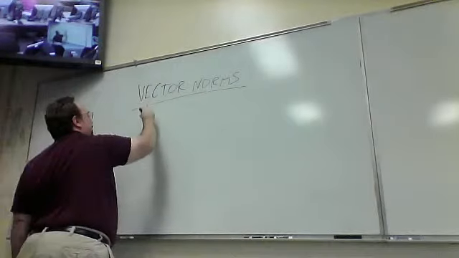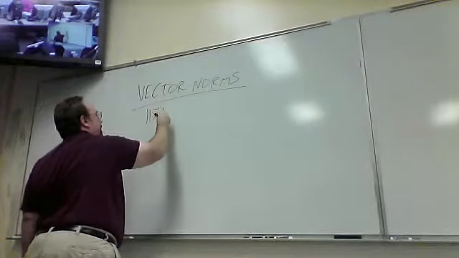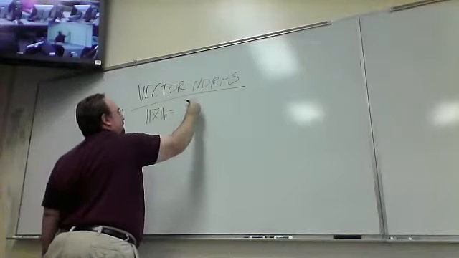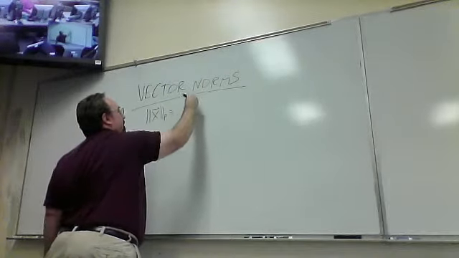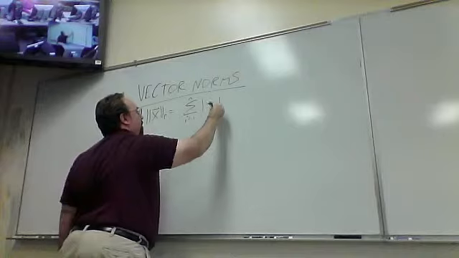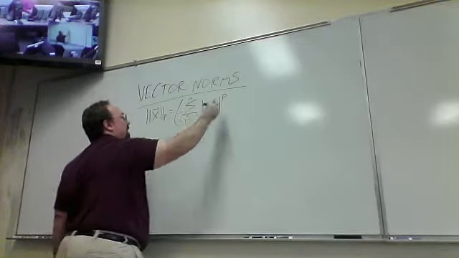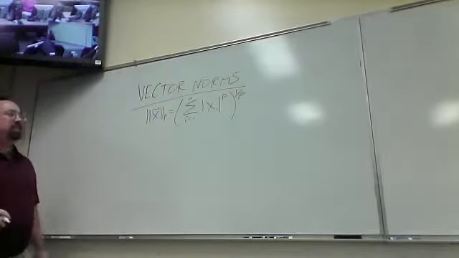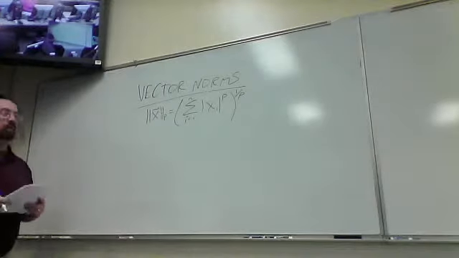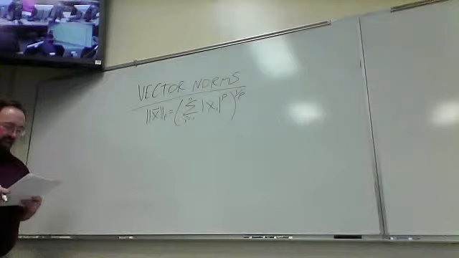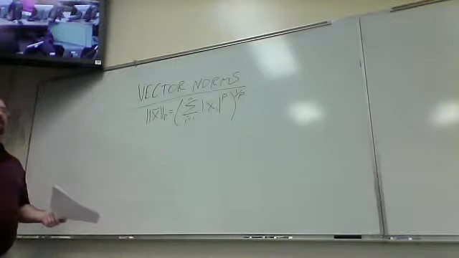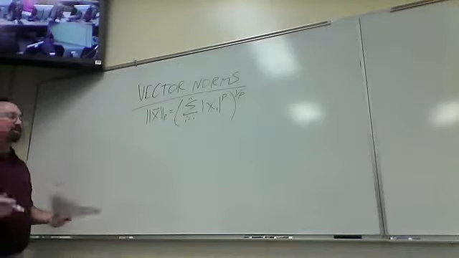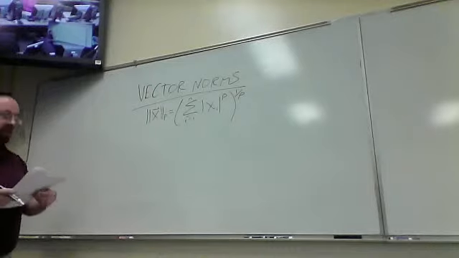And just to review the definition of a p-norm: the sum of the absolute values of all the components of a vector raised to the p power, sum them up, and raise that to the 1 over p. The p values for us are p equals 1, p equals 2, p equals infinity.